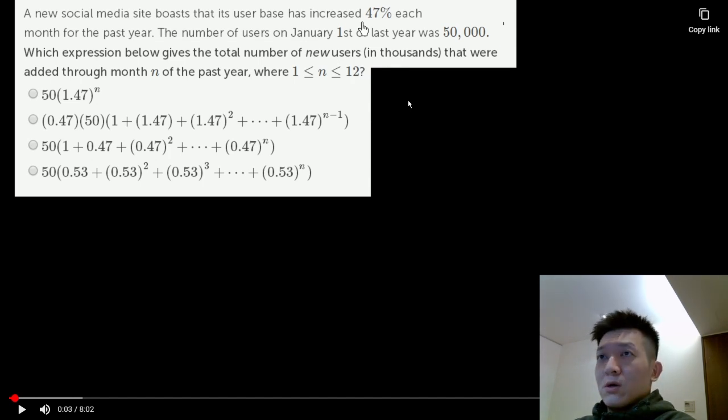That's where we start. But watch out for what the question is asking you. Which expression below gives the total number of new users? It just wants the new users that were added, okay? Not what you end up with and not what you started with, okay?